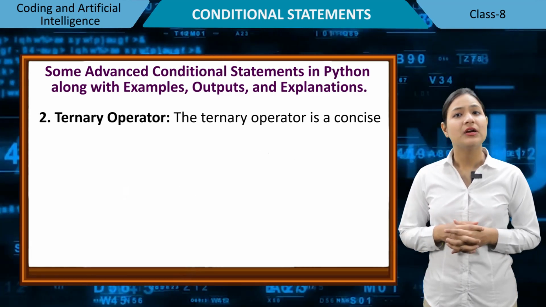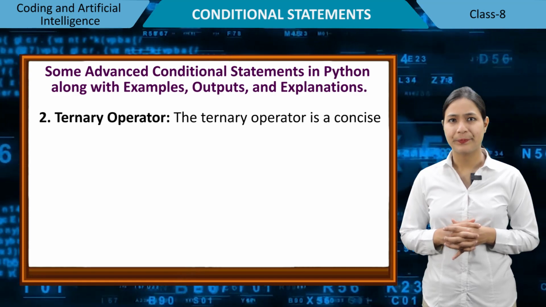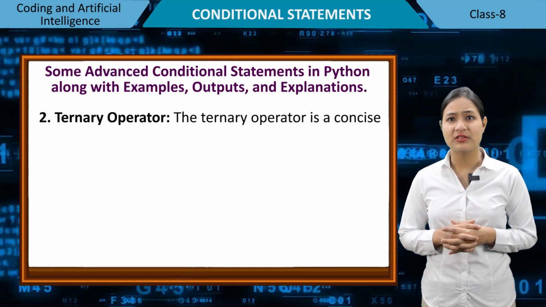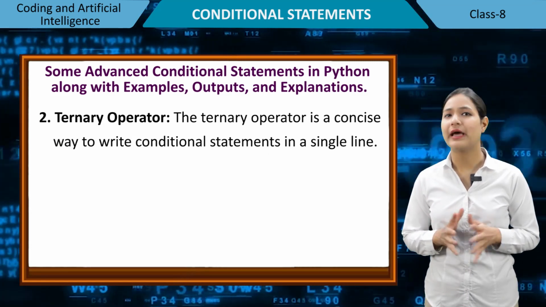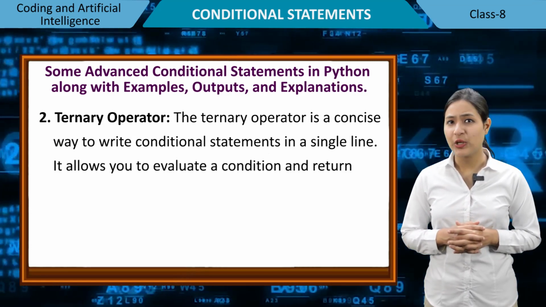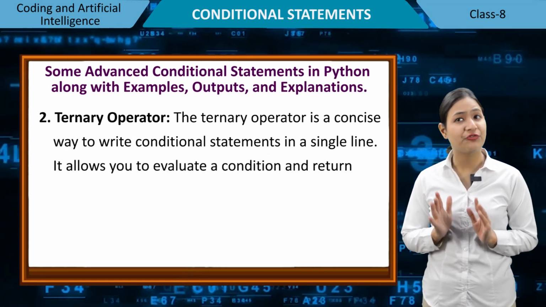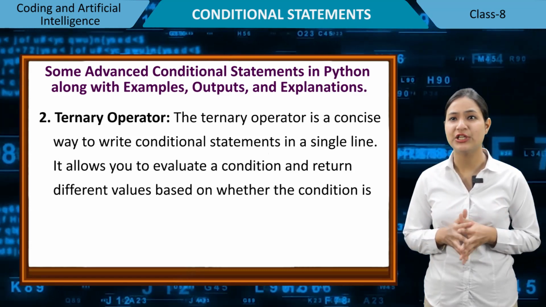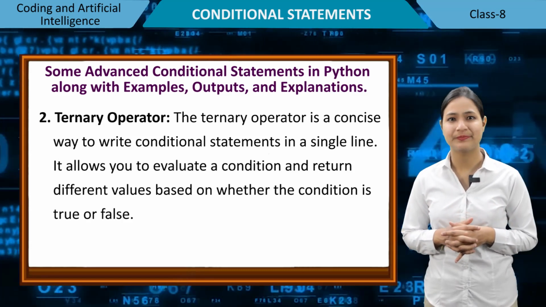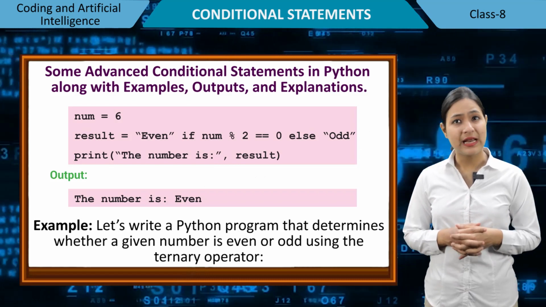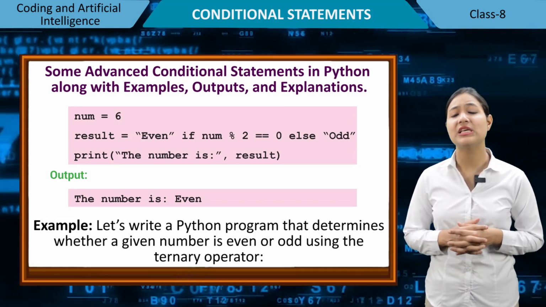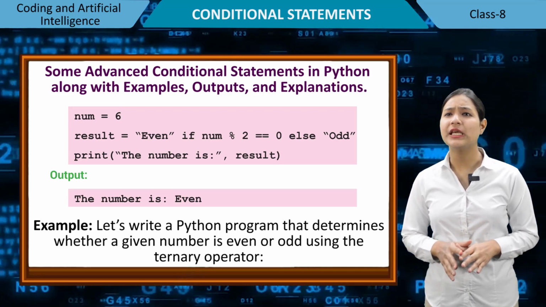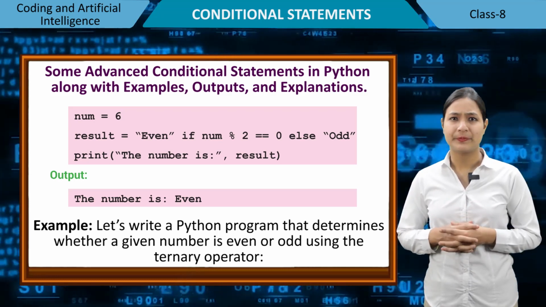Second, ternary operator. The ternary operator is a concise way to write conditional statements in a single line. It allows you to evaluate a condition and return different values based on whether the condition is true or false. Example. Let's write a Python program that determines whether a given number is even or odd using the ternary operator.